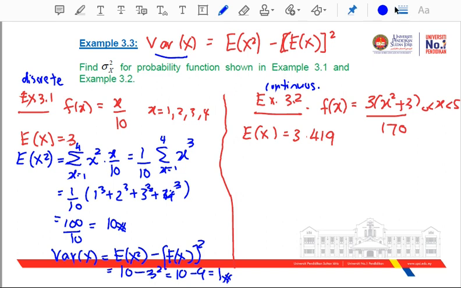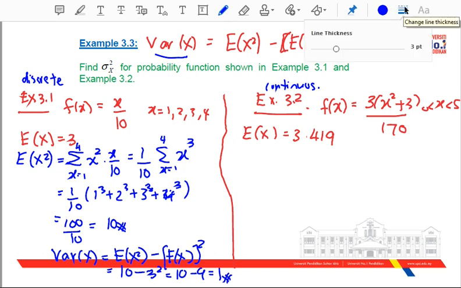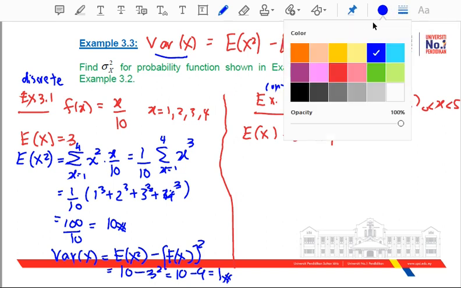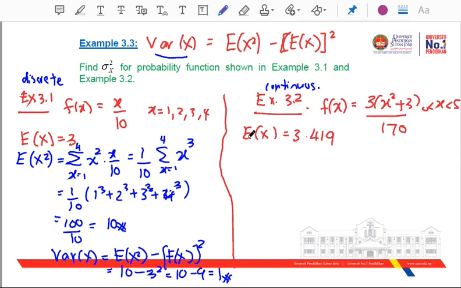Right, so let's look at example 3.2, how to find the variance. Again, you have information on E(x), so you need to find E(x squared), and remember this is continuous, so you need to integrate. Because it's continuous, you integrate from 0 to 5 anything in the bracket, which is x squared, multiplied with the function given here.